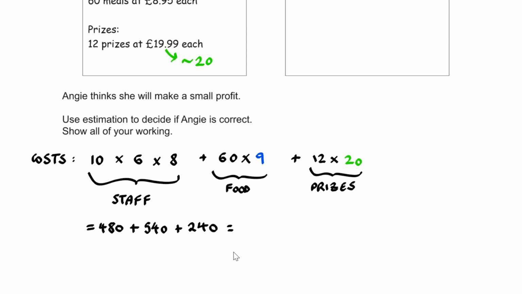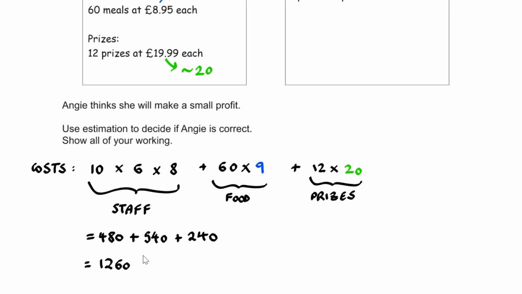So therefore the costs will equal a total of, here we've got 40 plus 40, which is 80, plus another 80, that's 160, and then adding 400, that's 560, and then we've got 1060, and then adding another 200 here would have 1260 for the total costs.